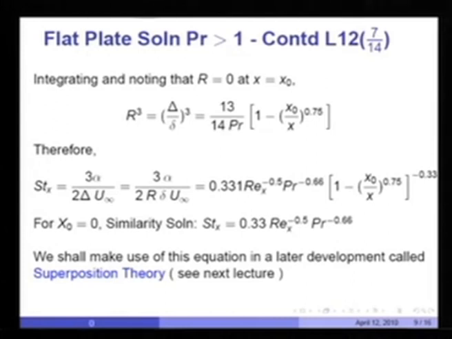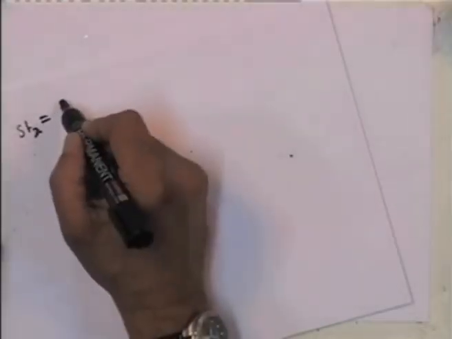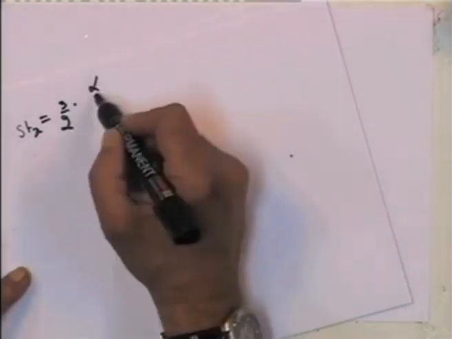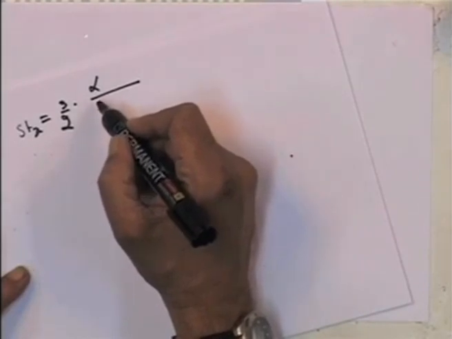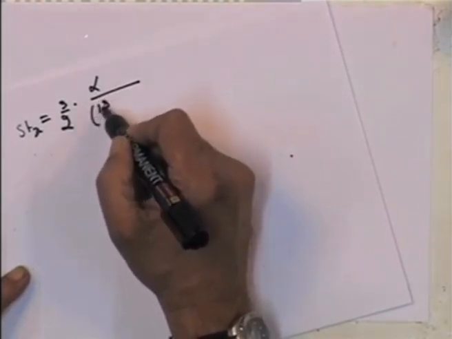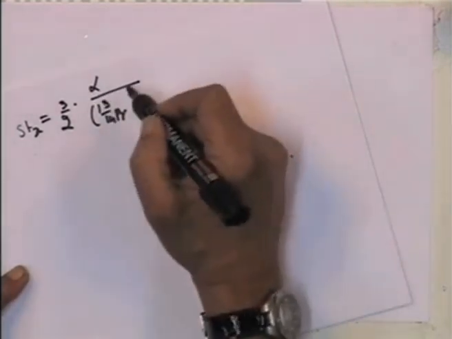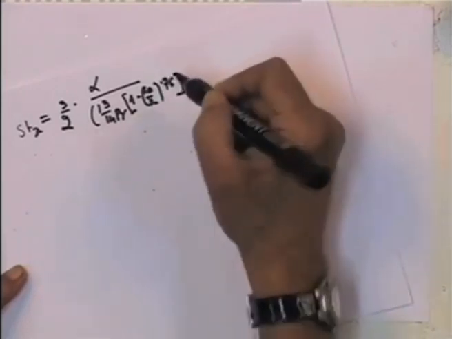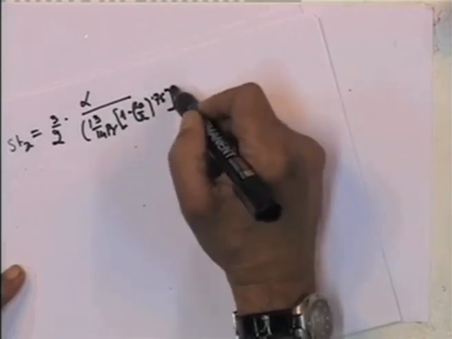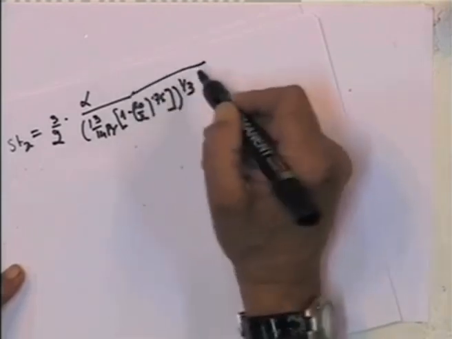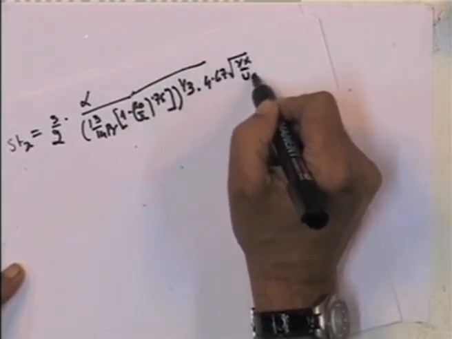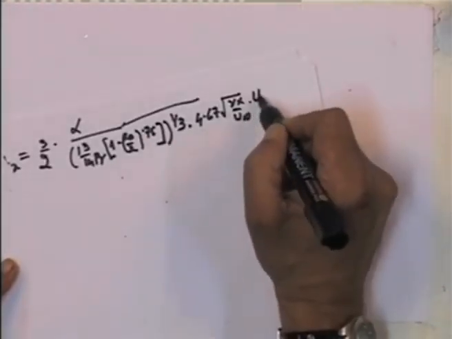If you want to see how I have done this, you will see that Stanton x therefore will be 3 by 2 into alpha divided by r, which is 13 by 14 Prandtl number into 1 minus x naught by x raised to 0.75, raised to 1 by 3 into delta, which is 4.67 under root nu x by u infinity into u infinity, which is a constant.